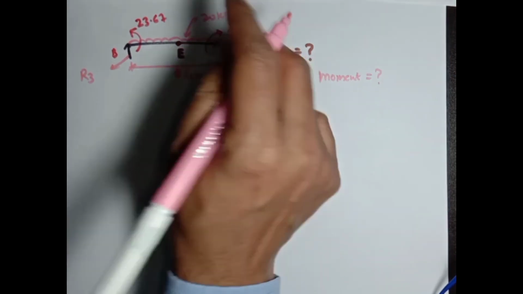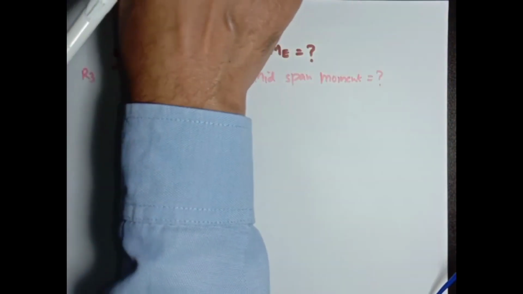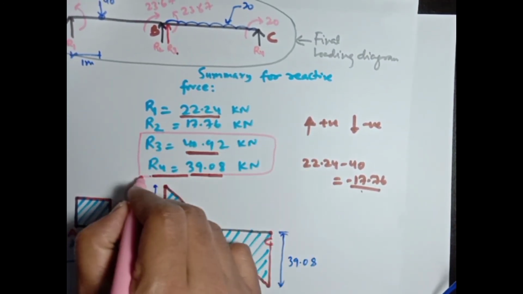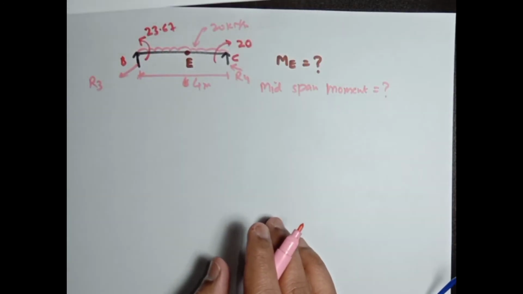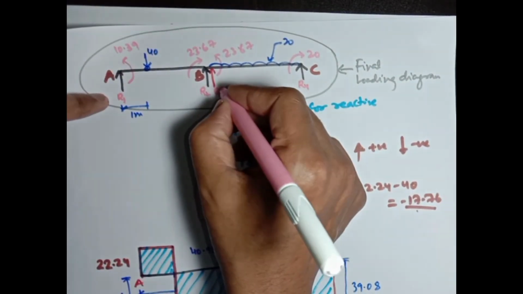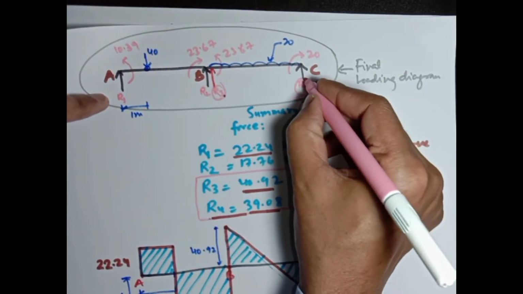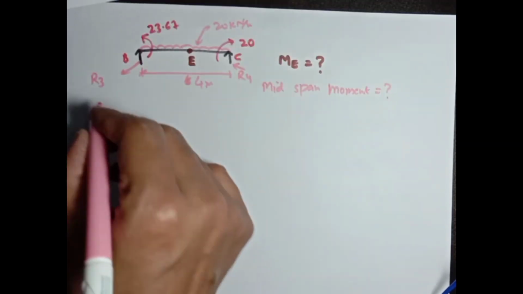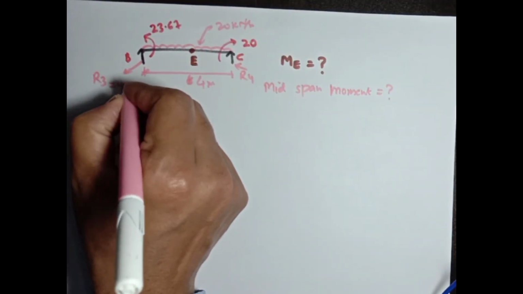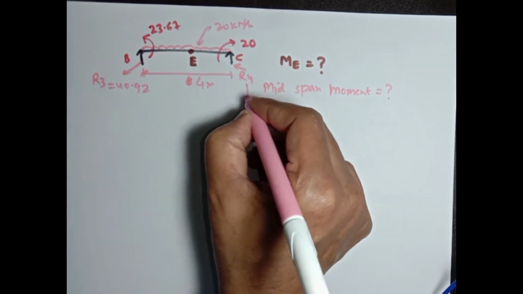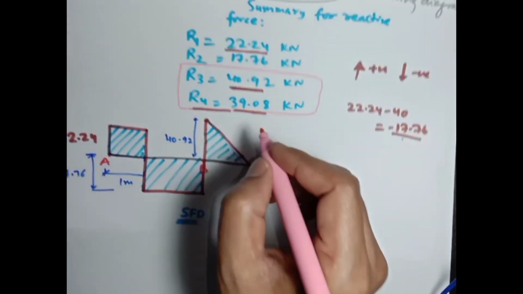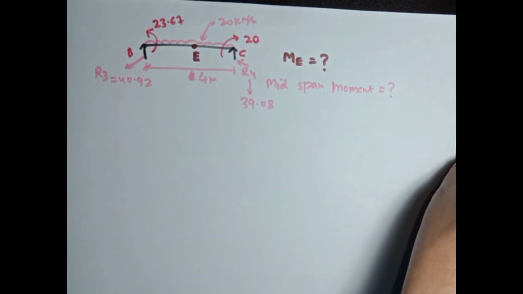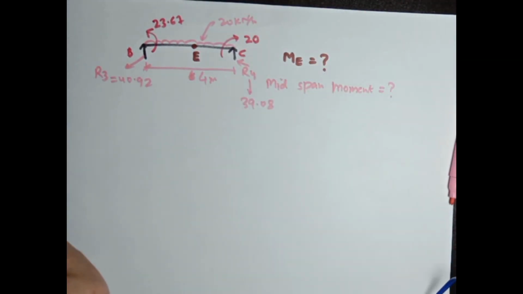As we have calculated, the summarized reactive forces R3 and R4 are here. We have already shown you this is R3 and this is R4. So in place of R3 we are going to write 40.92, R3 will be 40.92, and in place of R4 we are going to write 39.08.